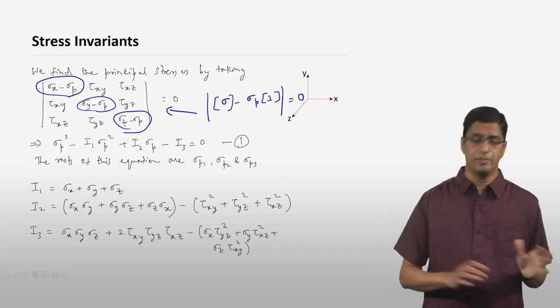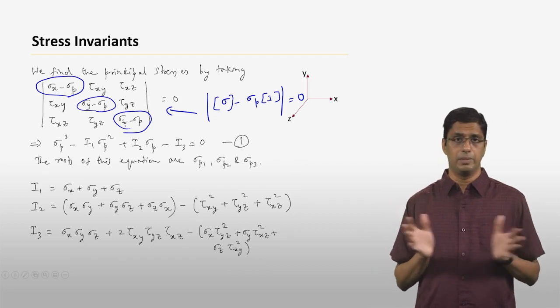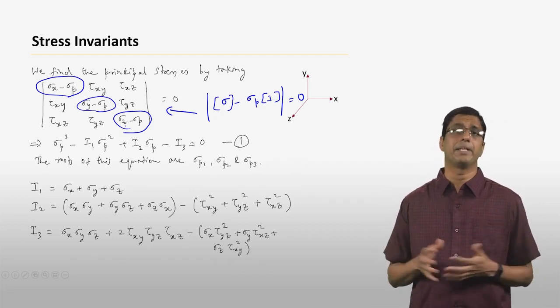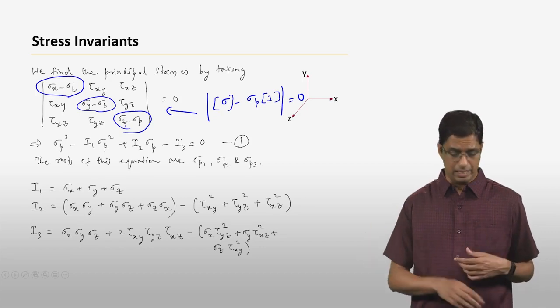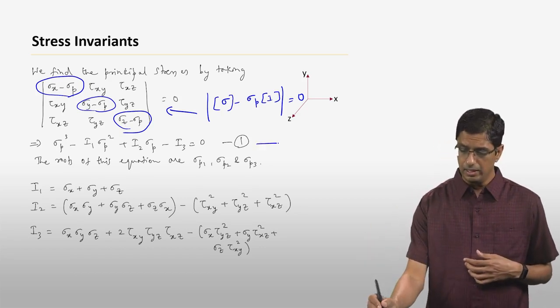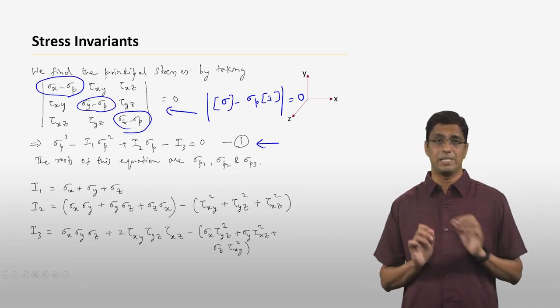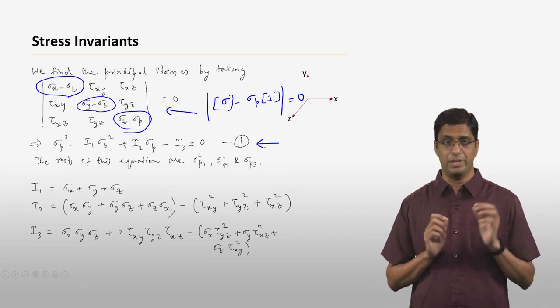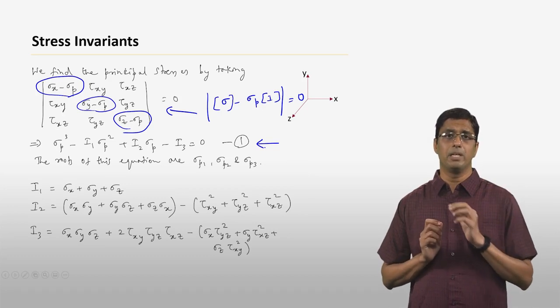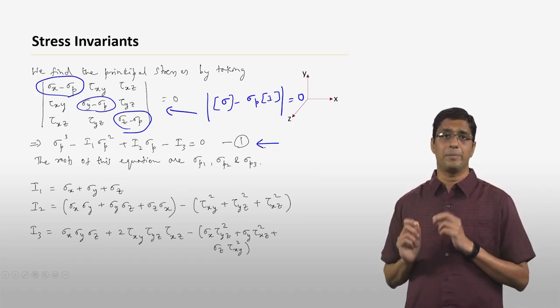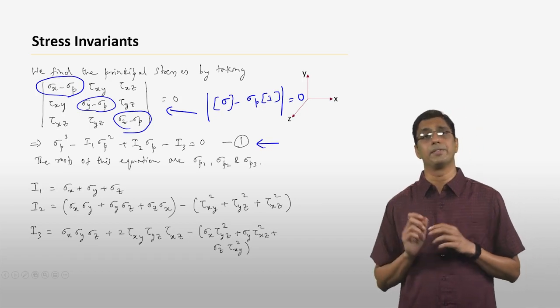Of course it will have terms that are quadratic in sigma p, terms that are linear in sigma p, and also a constant. That is what this equation refers to. Here I have made a specific notation: sigma p cube minus I1 times sigma p square plus I2 times sigma p minus I3 equal to 0.